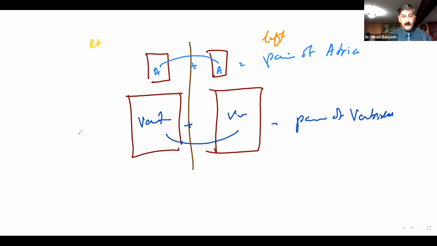The pair is made up of both the left and the right. Switching of the colors, but you guys got the cue. Did that make sense?